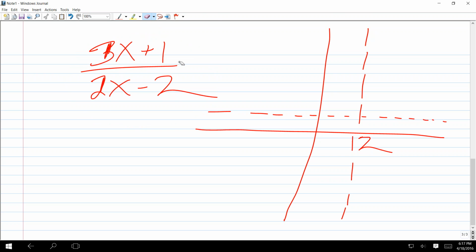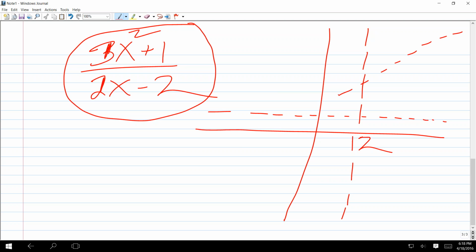Well, if it's exactly 1 higher like that, the first step is to do the division. Well, you produce an oblique asymptote. In other words, if I do that division, the linear factor that comes out is the equation of the oblique asymptote.